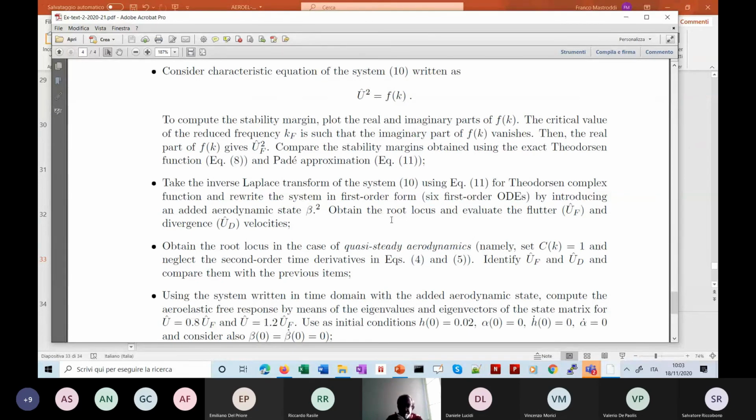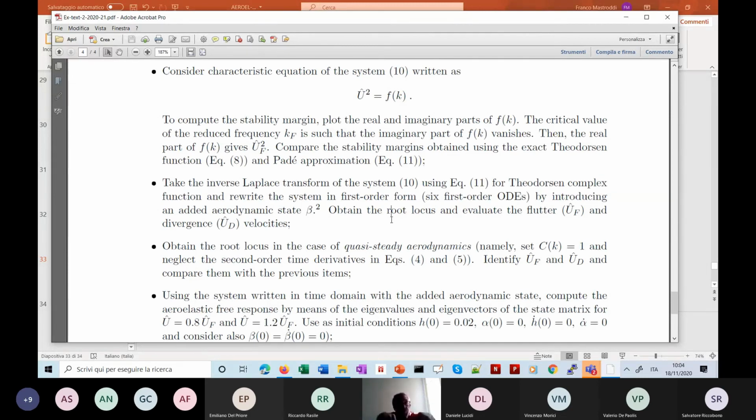Because we have the initial equations, which are of the second order in h and alpha, two equations of the second order, and the two equations of the second order become in first order form four equations of the first order, having a state space variable and its first derivative. So h, h dot, alpha and alpha dot: four state space variables and four equations.